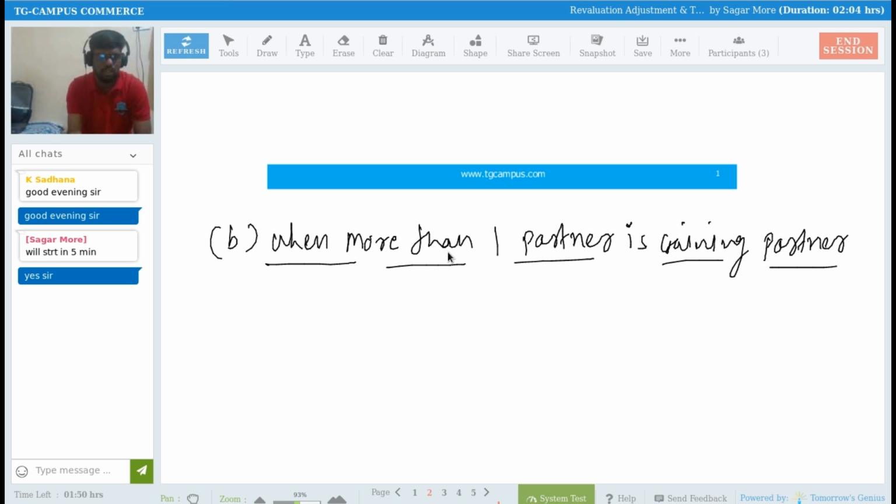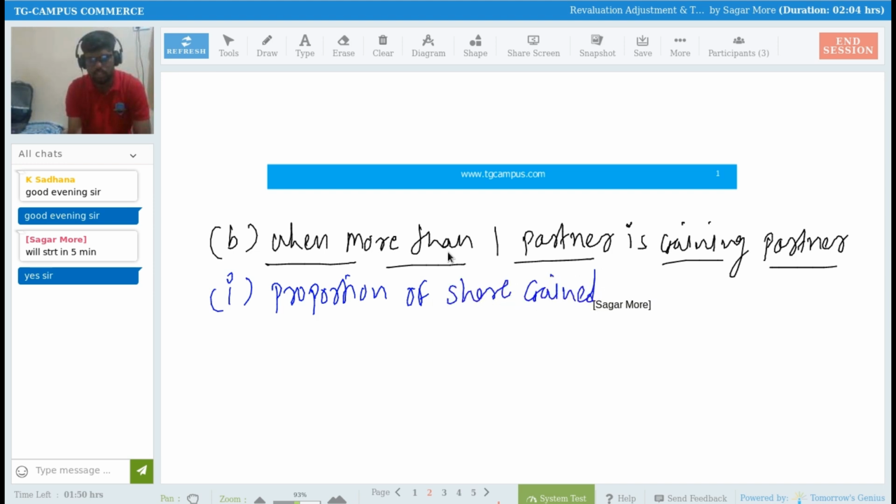In such a scenario, the first case is when the proportion of share gain is given. What does it mean? It is the proportion in which partners A and B are going to share the profit of the retiring partner.